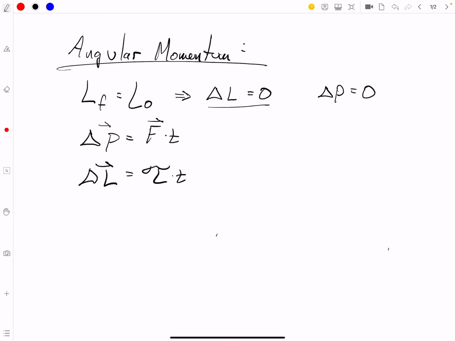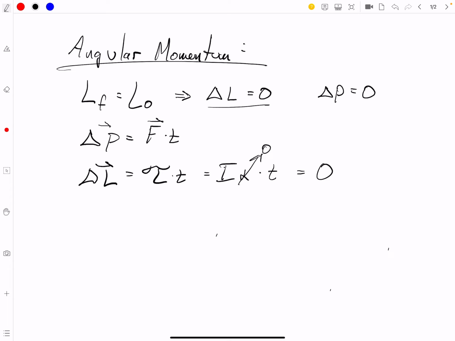And if that torque, which is equal to I alpha times time, if that alpha is equal to 0, then of course I can't be 0. So alpha is equal to 0, that means that the torque is equal to 0, so that whole thing equals 0.